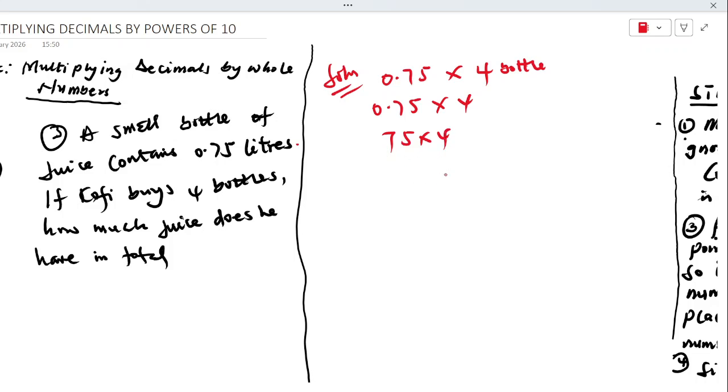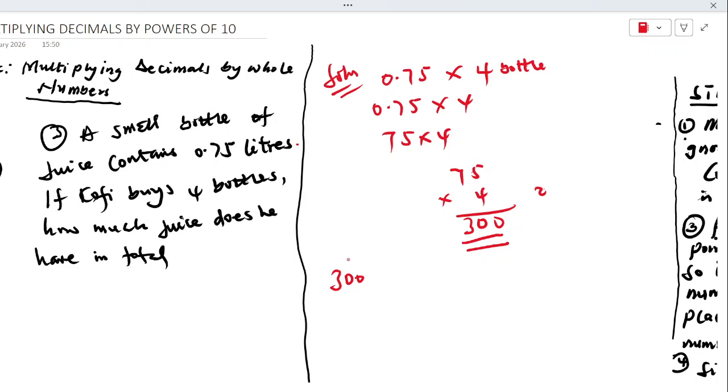And using the vertical method, we have 75 times 4. So 5 times 4 is 20, you write 0, remember 2. 4 times 7 is 28, plus 2 is 30. So our final answer gives us 300. Now, since we have 300, that is not the end. The next step says we should bring back the decimal point.